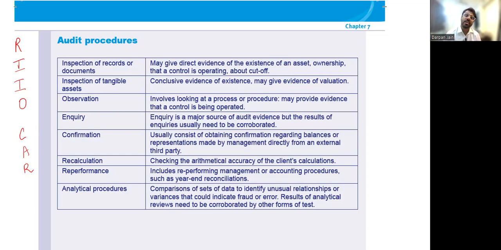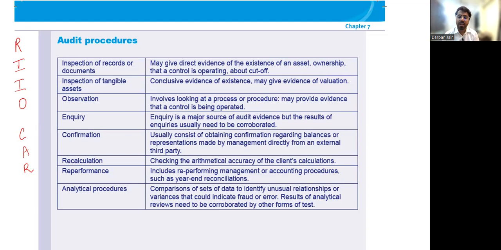So you are taking an external confirmation from the opposite party where he's confirming the balance as at the year end. These external confirmations are mainly used for debtors, trade receivables, trade payables, and the balance in the bank accounts. So read confirmation.